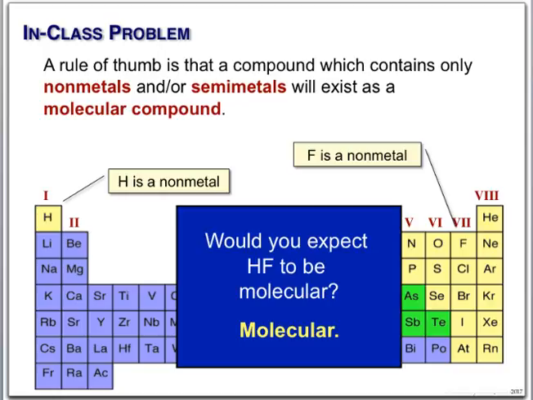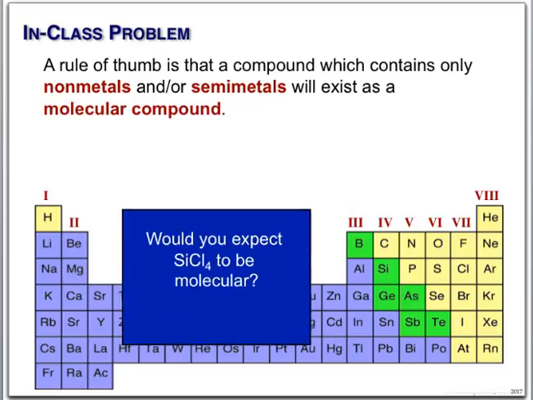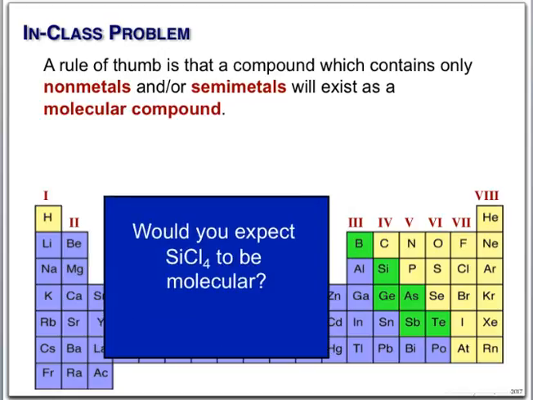Let's do another one. Silicon tetrachloride. Look at your periodic table, find silicon. Silicon is right there. Find chlorine, right there.